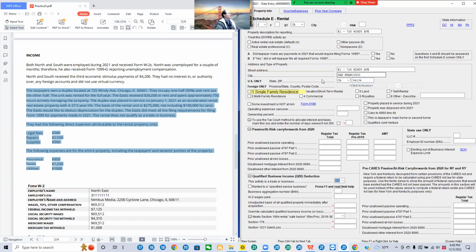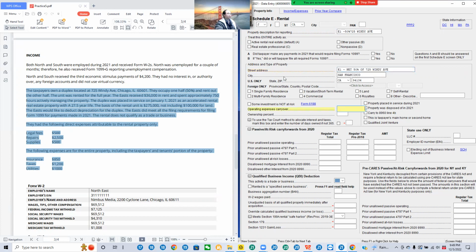Okay. So in this situation, it's a duplex. The owner occupies half of it and rents out the other half. So in this situation, it's 50% of this, it's net 50%.